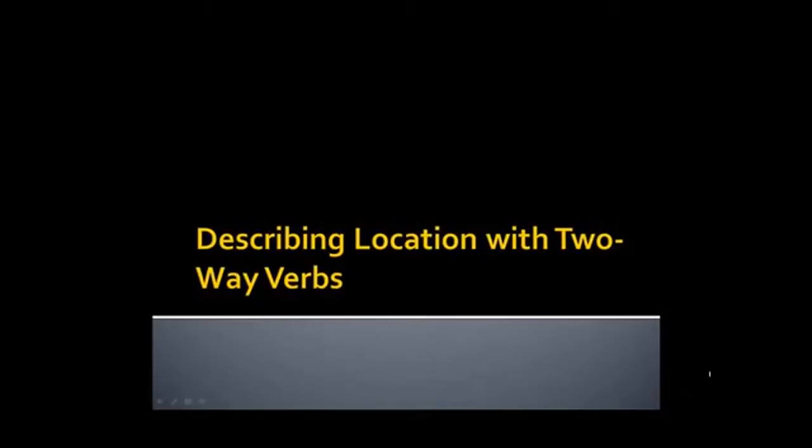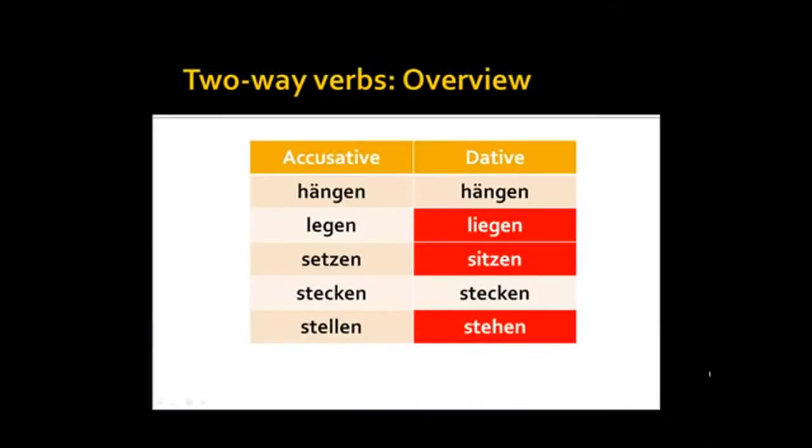Since they're similar to two-way prepositions, I'm going to give a quick review of those, or at least the concept behind two-way prepositions, before we end the presentation with an example of describing location with a two-way verb. So there are two kinds of two-way verbs, and this is a quick overview.